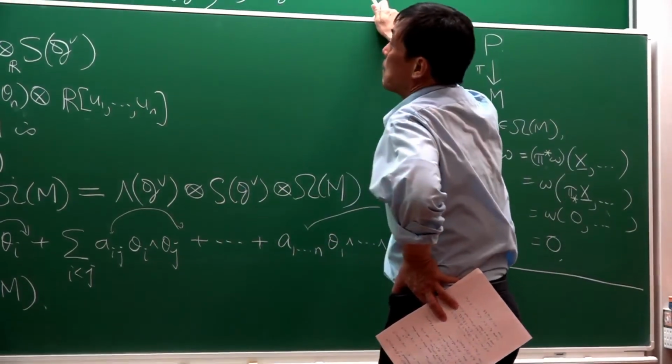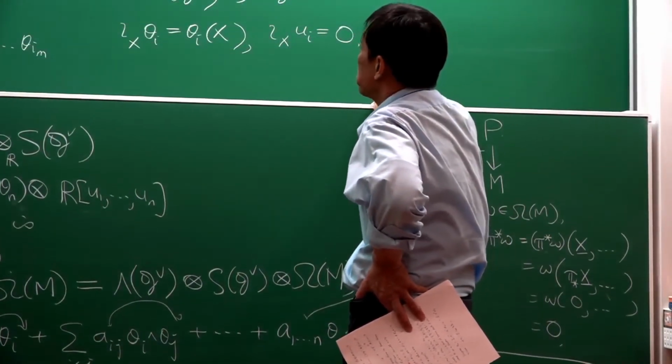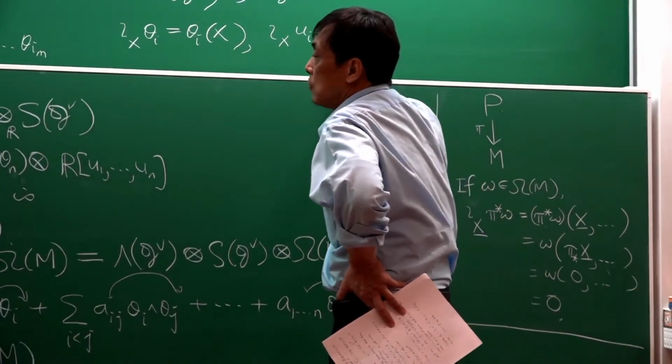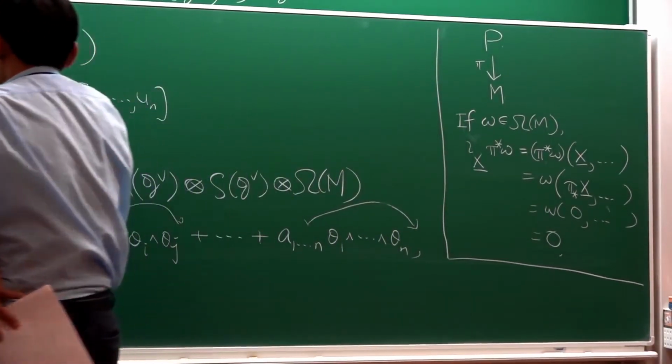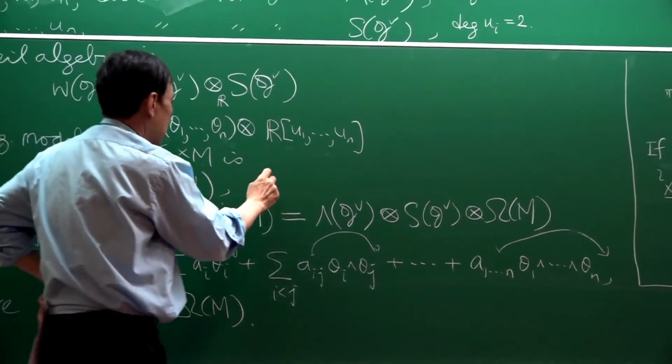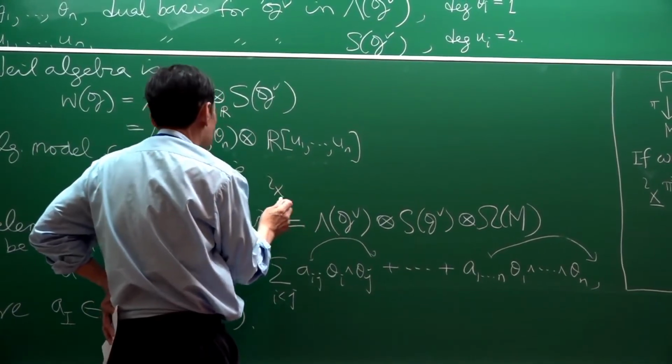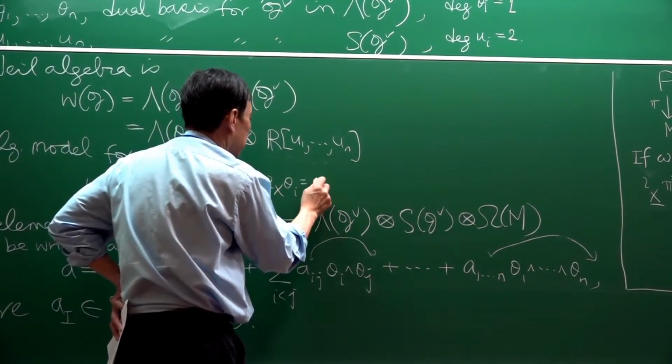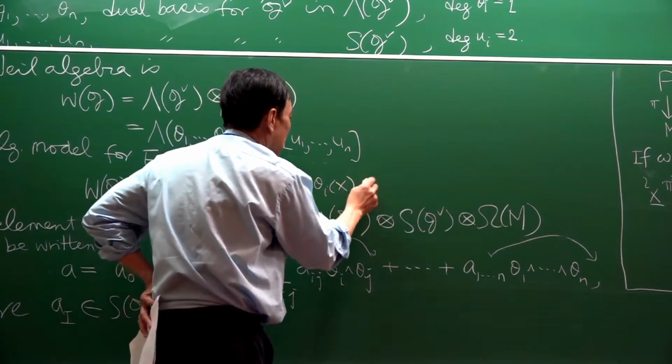So up here, when we define this algebraic model, now we have contraction with theta and with u. So Ix on any theta is theta Ix.